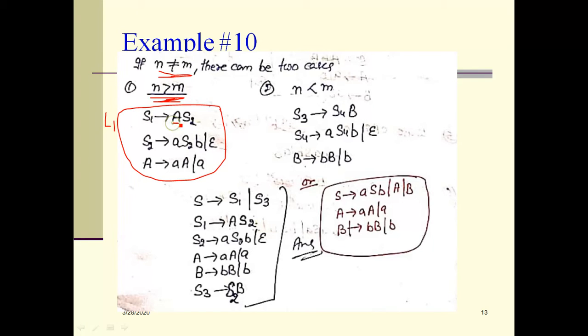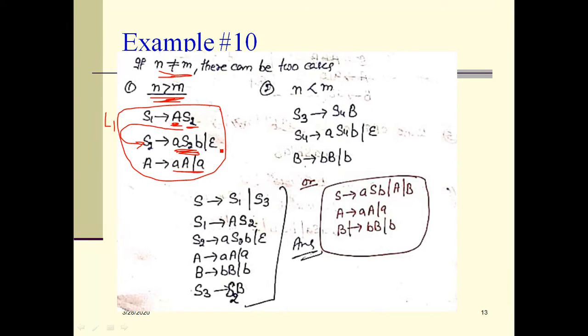We always have an a in the beginning. What this first a is doing is generating at least one a, and then any number of a's. This a is generating one or more a's independently, right? And this S2 is generating an equal number of a and b, or it can be empty also.